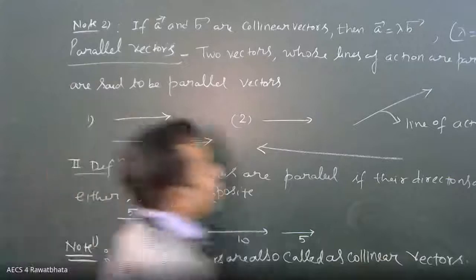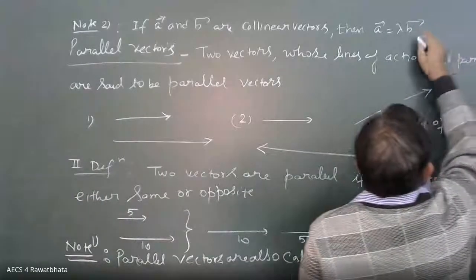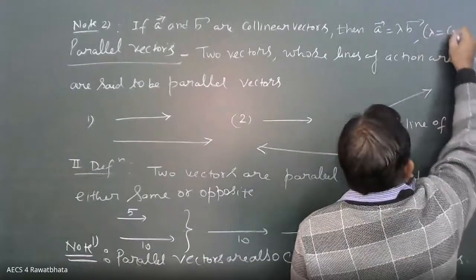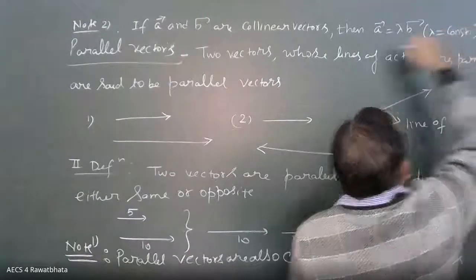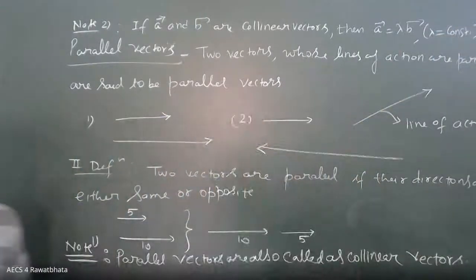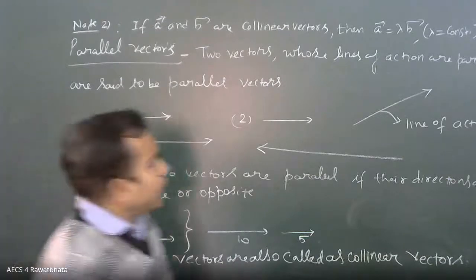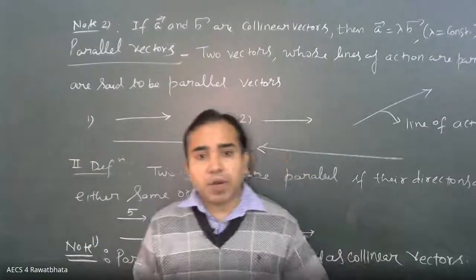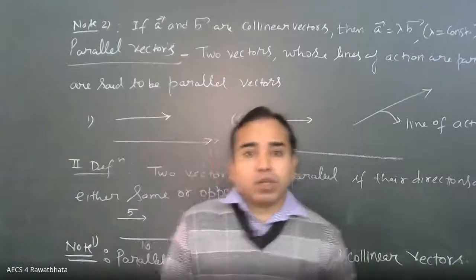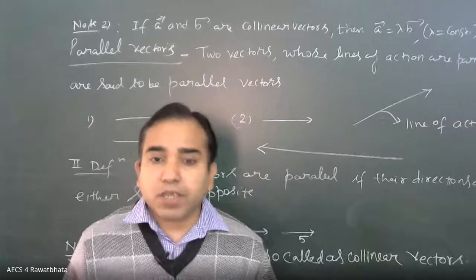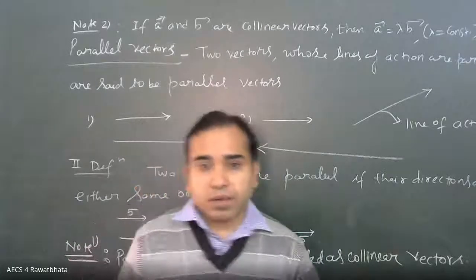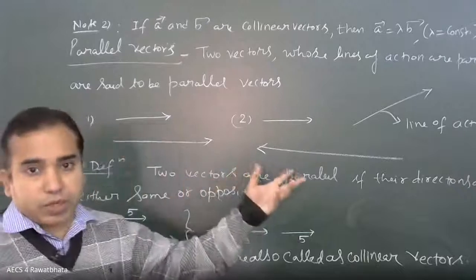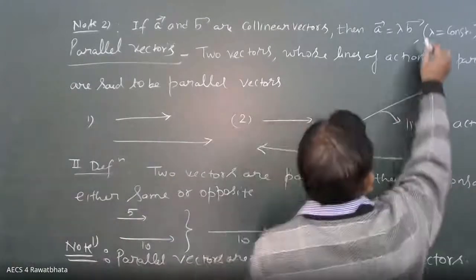Right? Suppose the direction is the same, then lambda will be positive. And if the direction is opposite, then lambda will be negative. So if two vectors are collinear, with the same or opposite direction, then they will have this relation.